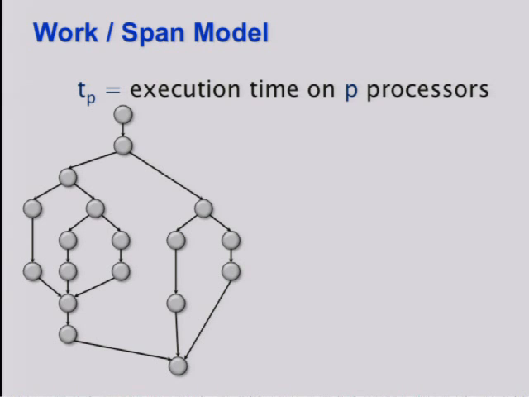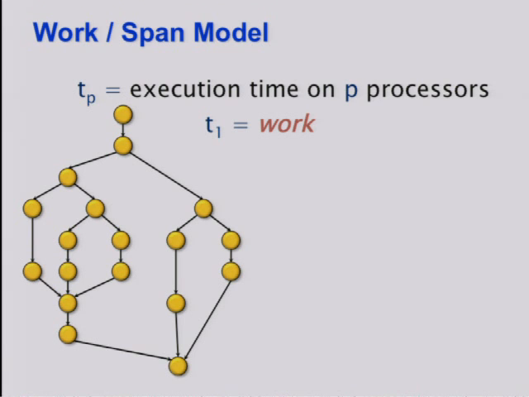So T_P is the execution time on P processors, and assume that this directed acyclic graph models the different pieces of the execution of this code. Every node here is some sort of task that needs to be completed, and every edge is a dependency. So you can't start one vertex before all of its dependencies have been finished.